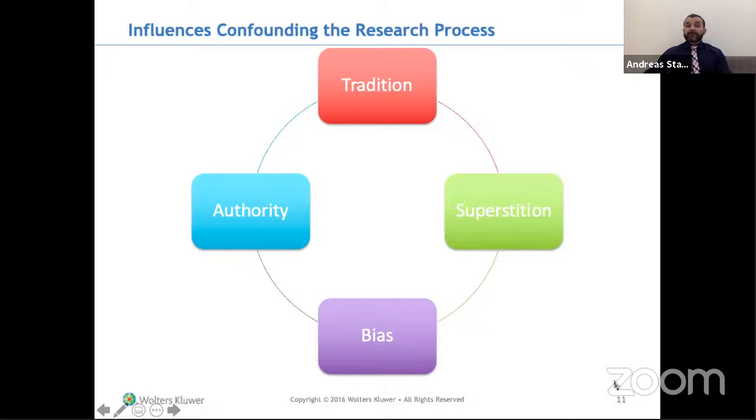Who said that we should do things this way? If somebody who is in a position of authority, that can affect the way we do research right now and not change it, or if that authority says, let's change the way we're doing it, then we will change the way we're doing the research process. And by authority, it can be a person or it can be an organization, right? American Heart Association, American College of Sports Medicine, if they come out and say something different, maybe we'll change the way we do research.